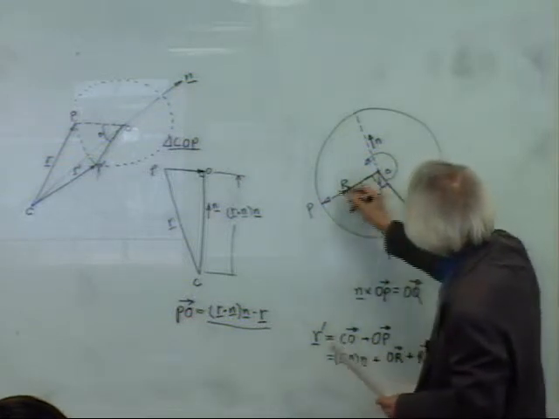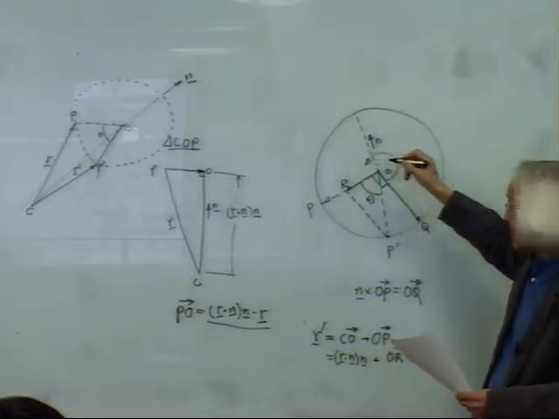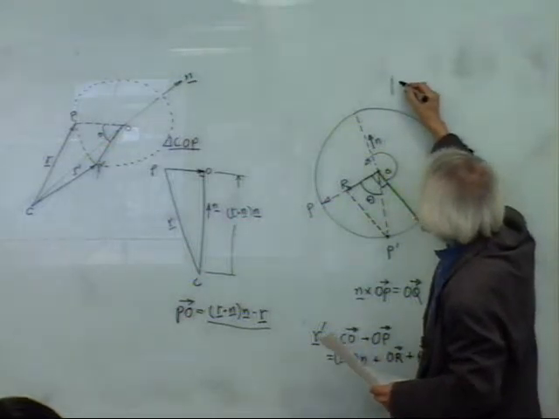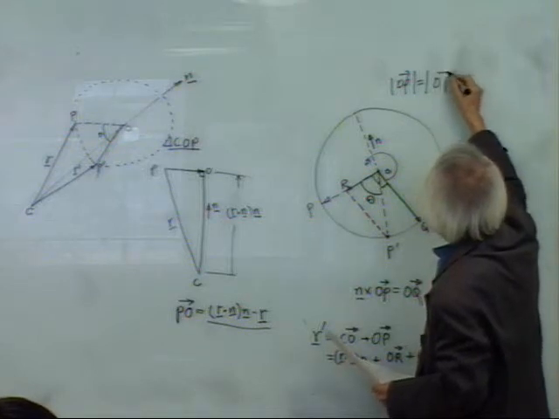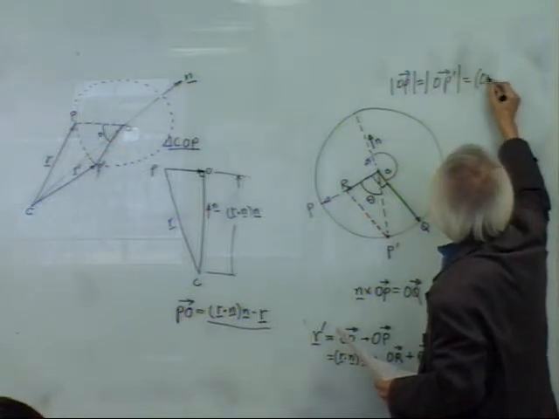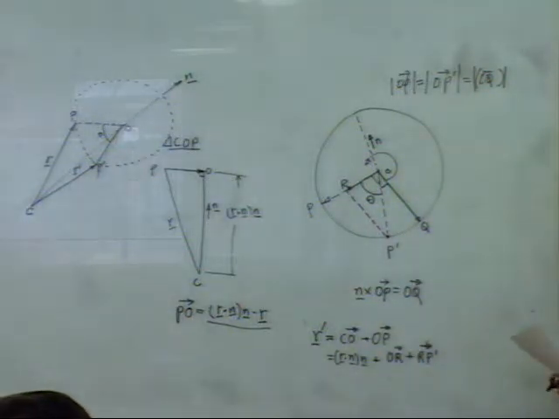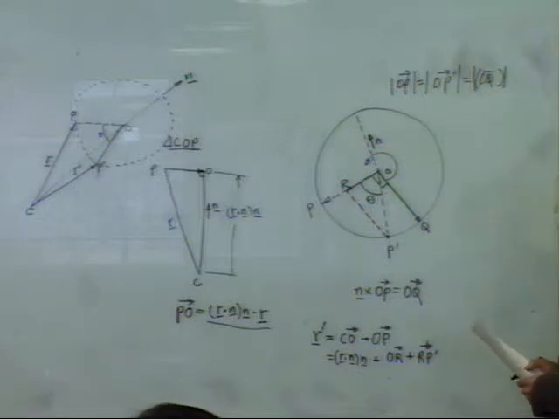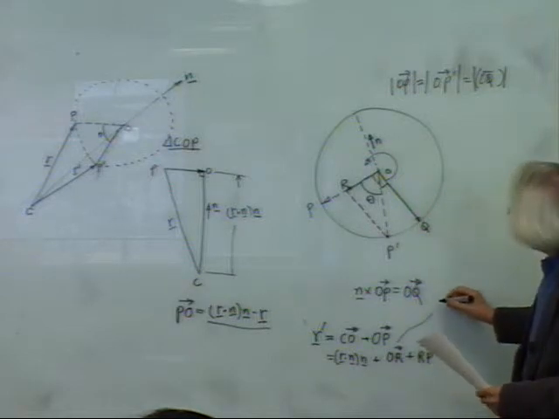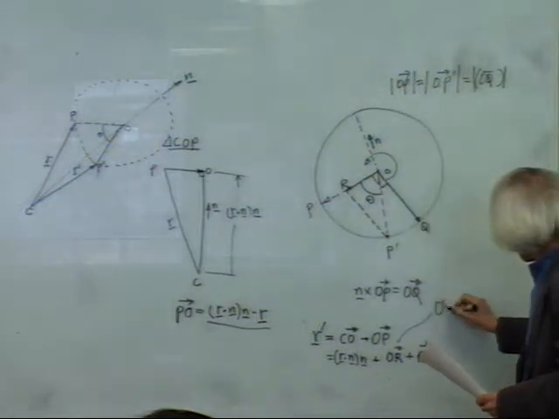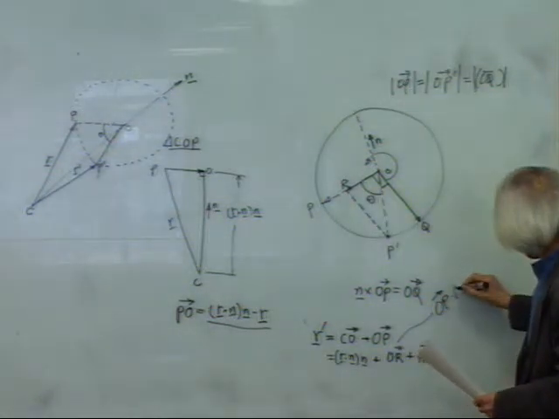So the magnitudes of this guy and this guy are all the same. They are on the circle. Okay? You know, the magnitude of OP is the same as OP prime, same as OQ. Okay? They're all the same. So OR is OP times the distance, cosine theta.